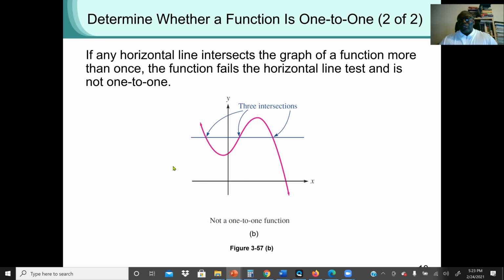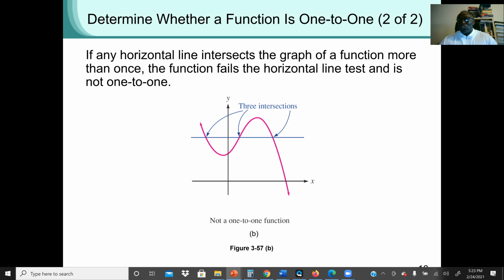Now, next, they say we should determine whether a function is one-to-one again, using a horizontal line. We can see our function here. We want to determine if it's one-to-one. When we draw the horizontal line, it touches it 1, 2, 3 times. This means that 3 different input values are going to give me the same output value, which means it's not one-to-one.